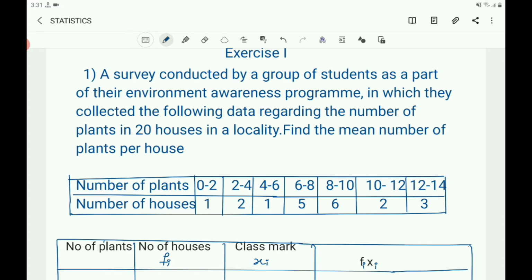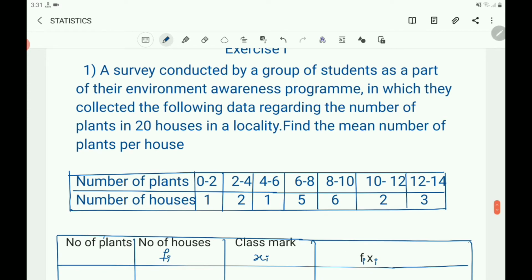Here the data gives the number of plants and the number of houses. The class interval and frequency are given, and the number of plants are grouped in terms of class intervals.